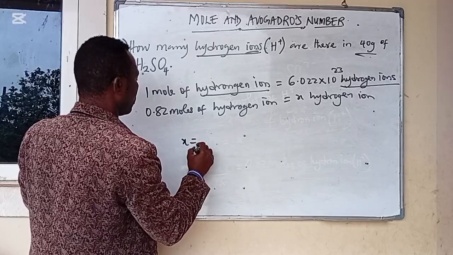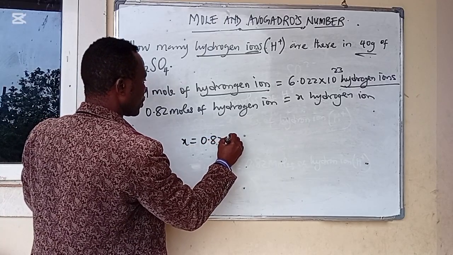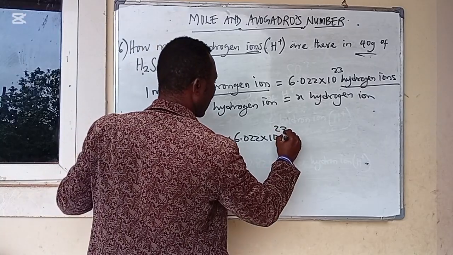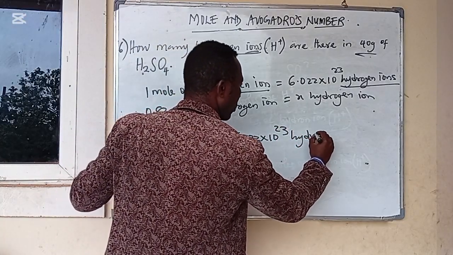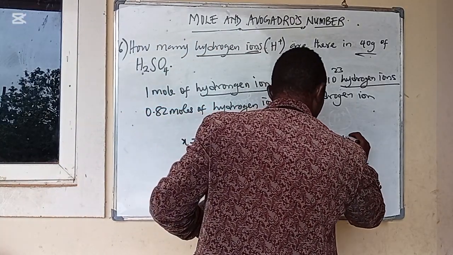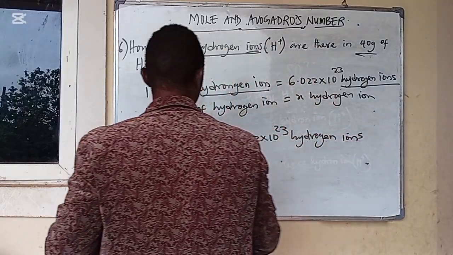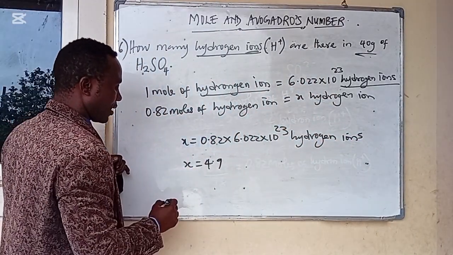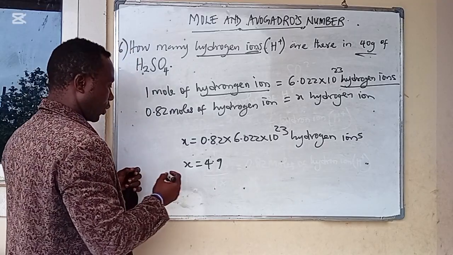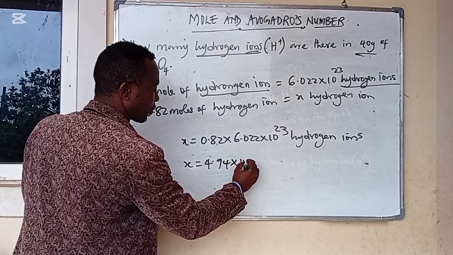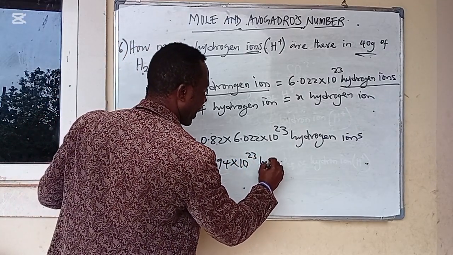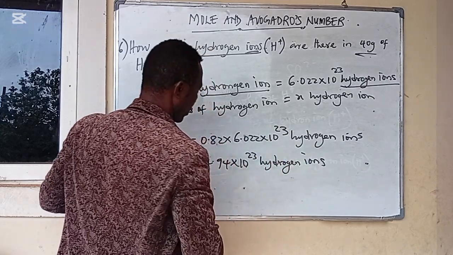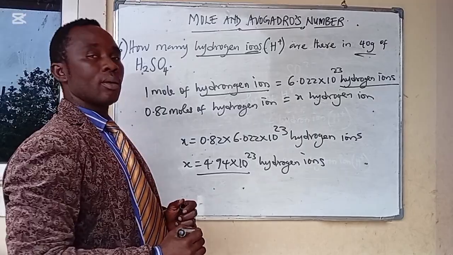X will become 0.82 times 6.022 times 10 raised to power 23 hydrogen ions. So our X is 4.94 times 10 raised to power 23 hydrogen ions. So that is our answer.